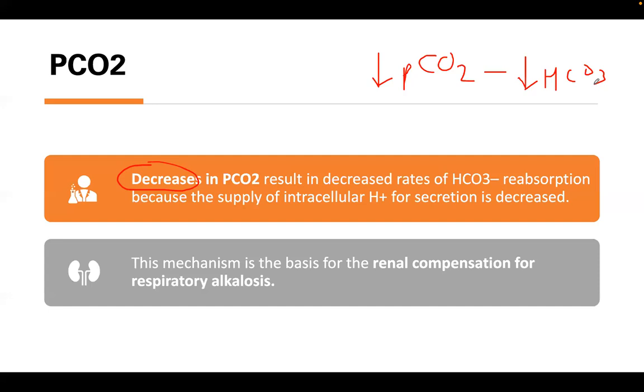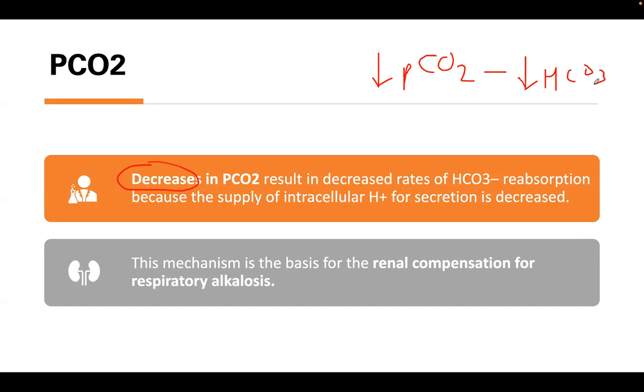So always remember, if the primary acid-base disorder is respiratory, what is the compensation? Is it renal or is it respiratory? Fill in the blanks.